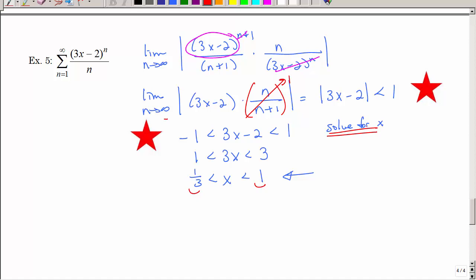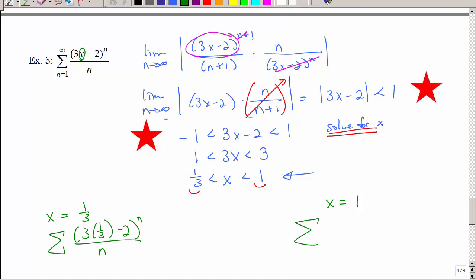Can't emphasize this enough. Okay, so we're going to check when x is 1/3, and we're going to check when x is 1. So remember, we're plugging in 1/3 for x. So we would have 3 times 1/3 minus 2. And then over here, we would have 3 times 1 minus 2.